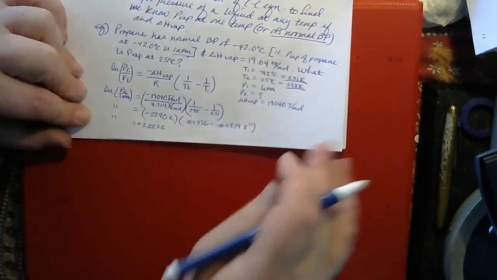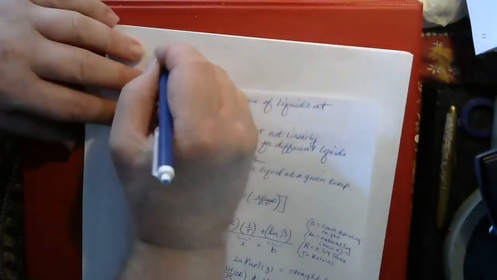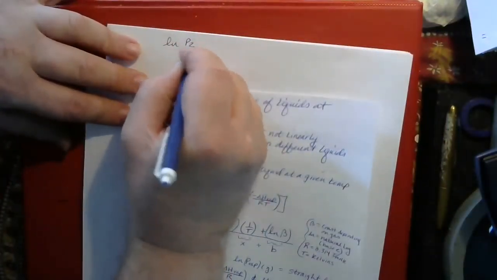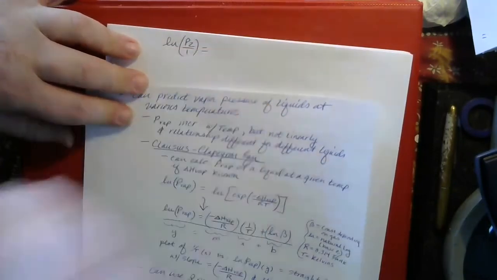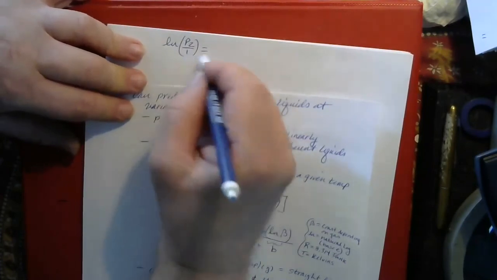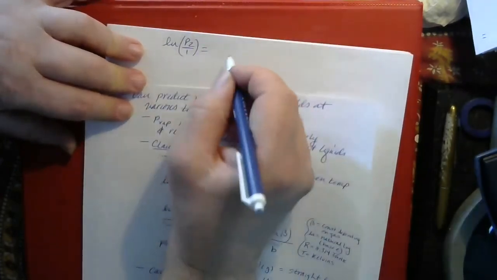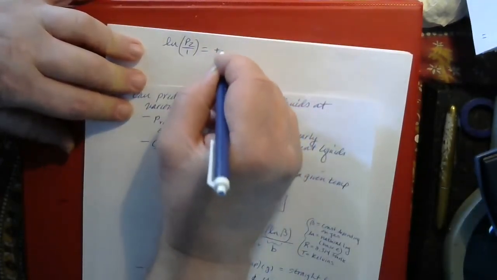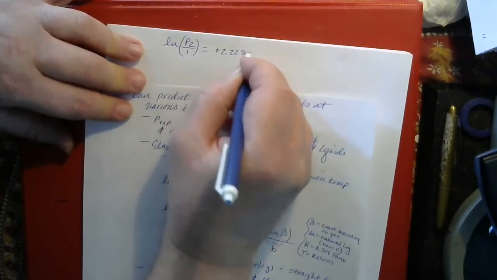And that will be, let's go to the next page here. ln, that is natural log of P2 over 1, which you can just ignore the 1 because that doesn't change anything, is equal to 2.2282.